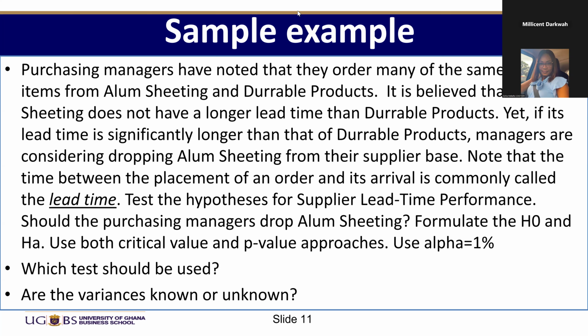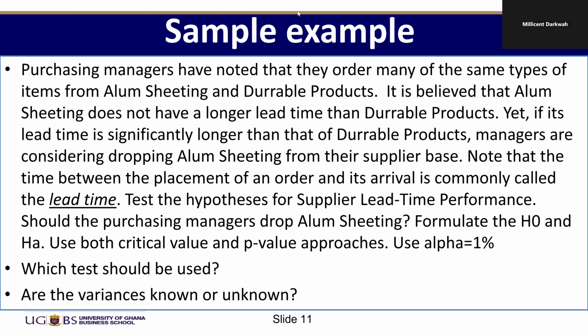Okay. Let me ask you a question to be sure you get it. So what is the first one trying to say? The first one is saying that the lead time will not go beyond a certain number.